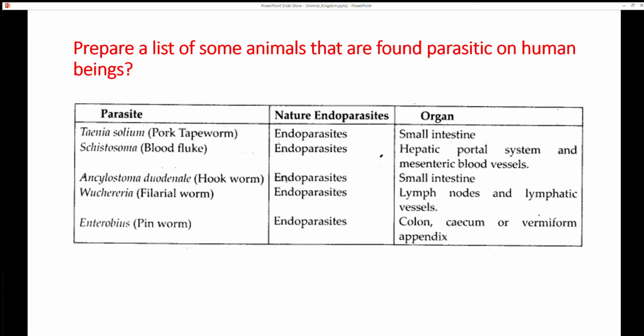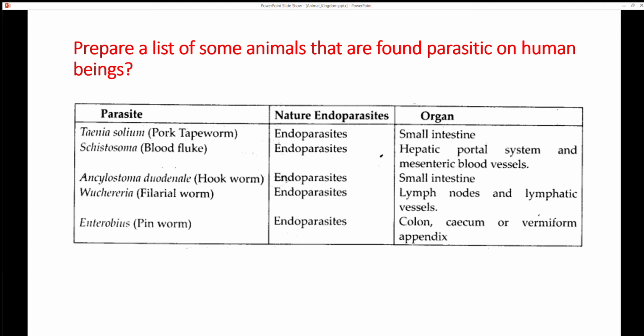Then Ancylostoma duodenale, which is again a platyhelminth, the hookworm, an endoparasite living in the small intestine of the host. And you learnt about Wuchereria, which is nothing but the filarial worm, which affects the lymph nodes and lymphatic vessels, so the leg grows so big and heavy that the organism cannot carry it. It spoils the whole body. That is the filarial worm, an endoparasite.